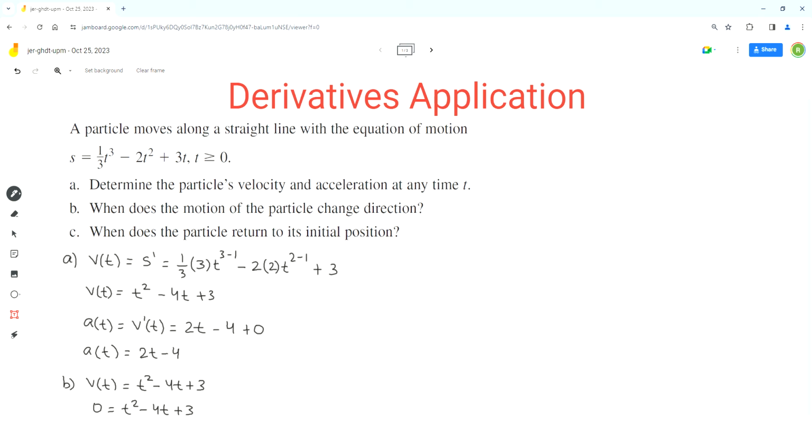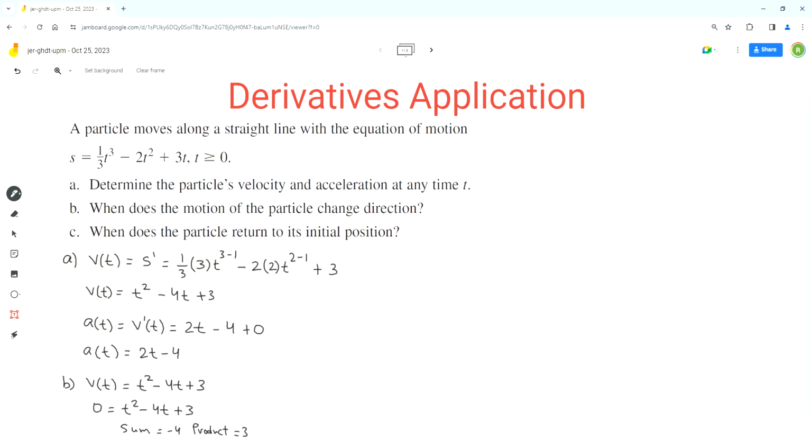Now this equation is a simple trinomial, so we can use factoring to solve this equation. So we can use the sum and product rule. So we have to find two numbers whose sum is negative 4 and whose product is 3.